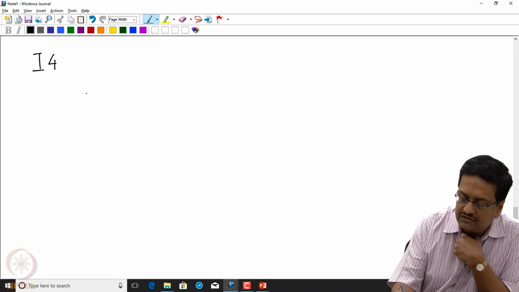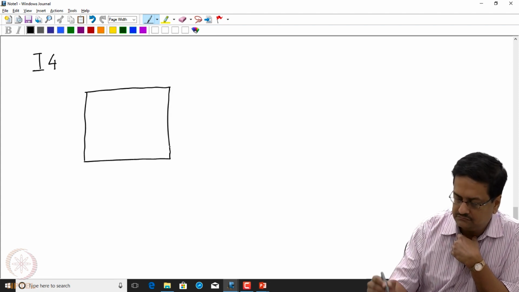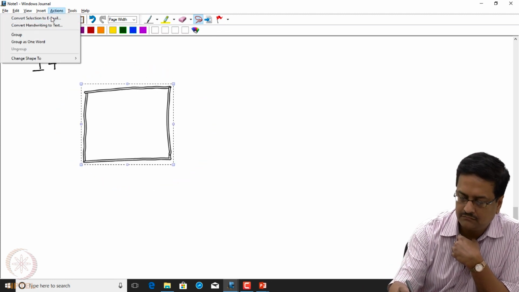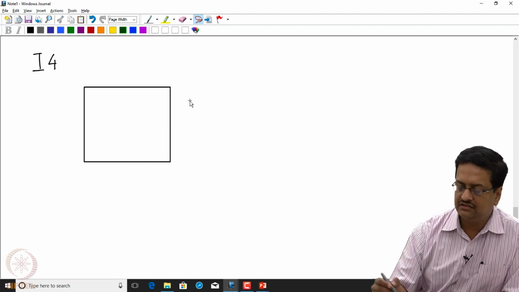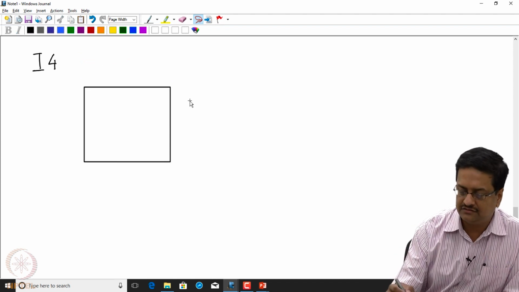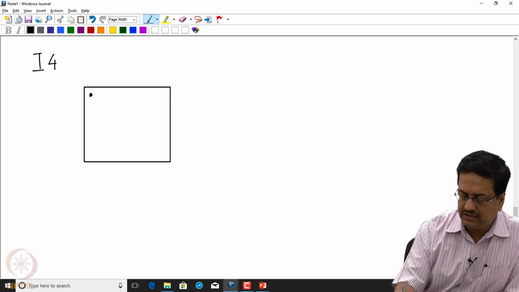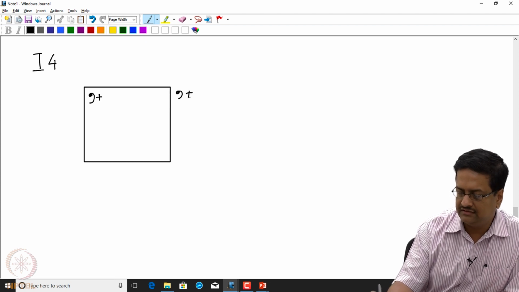So as usual, we should draw a square, and since it is a body centered lattice, let us first write my first object at x, y, z.